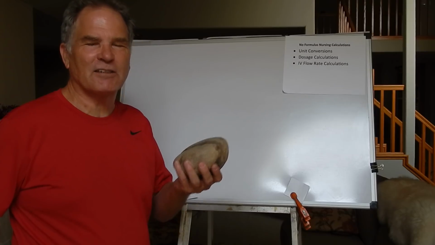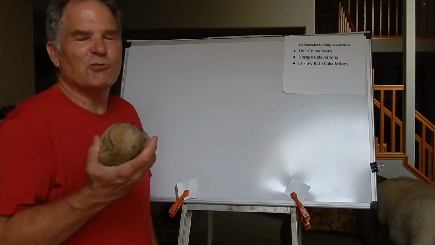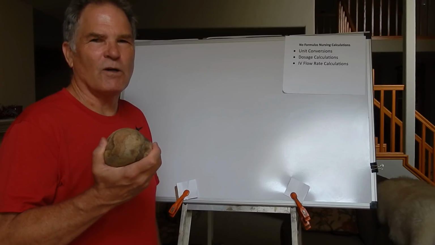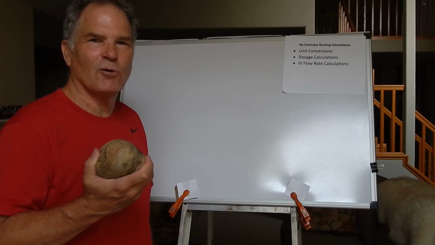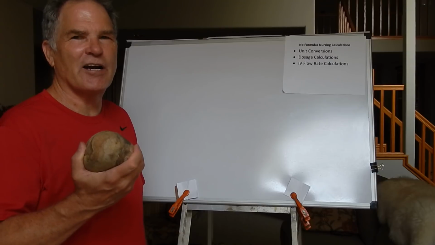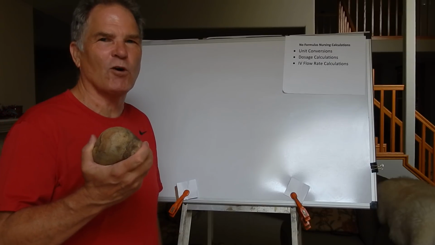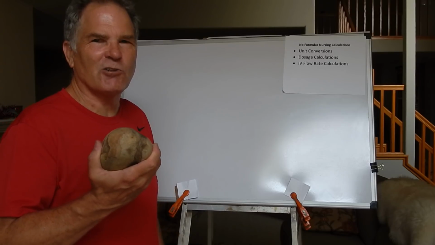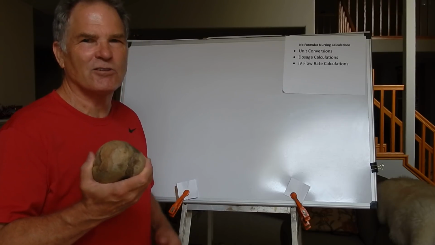So what's more basic than a rock? This rock weighs about 2 kilograms. So we can say it weighs 2 kilograms or 2,000 grams or 4.4 pounds. Whether we call it 2 kilograms or 4.4 pounds, it doesn't change.